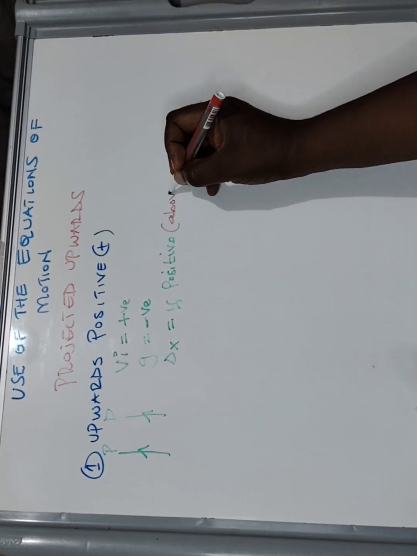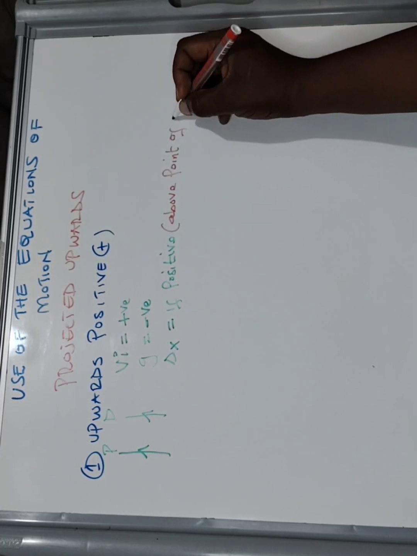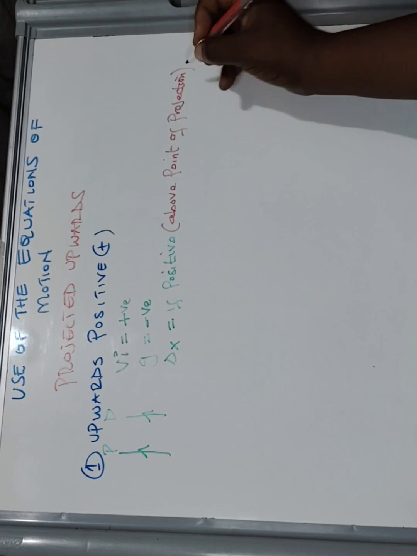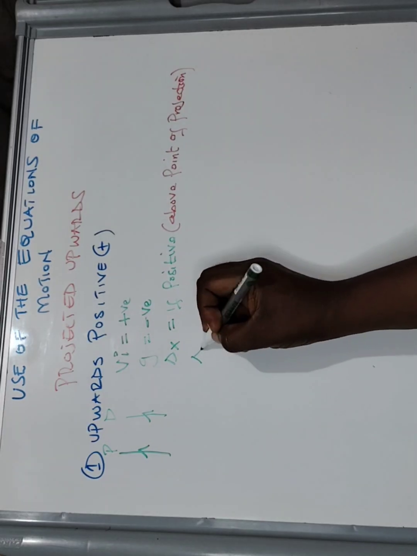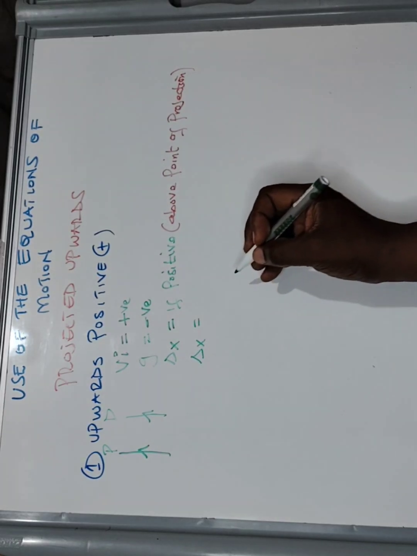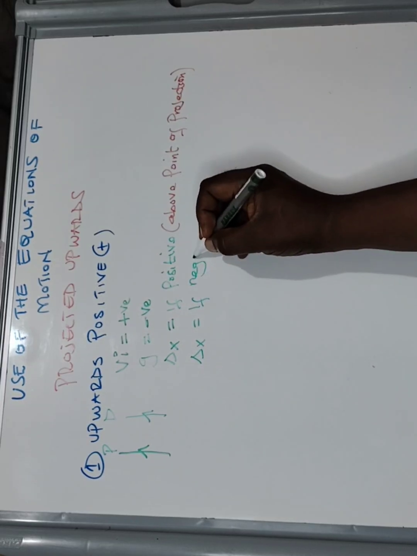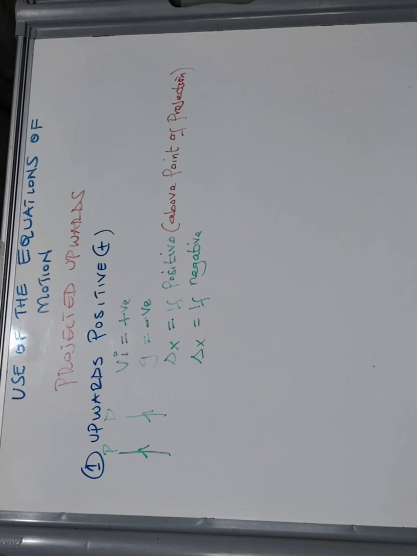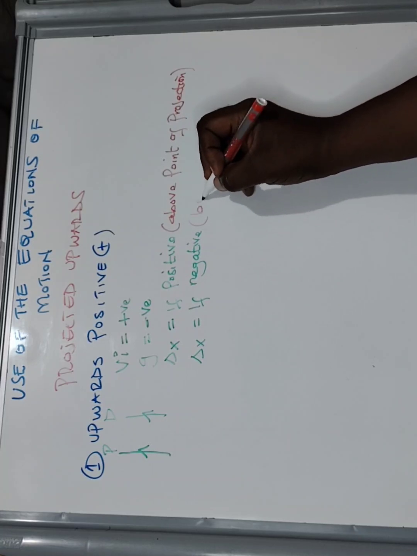Above point of projection. Okay. And if delta X turns out negative, what does that mean? It means the point under consideration is below.